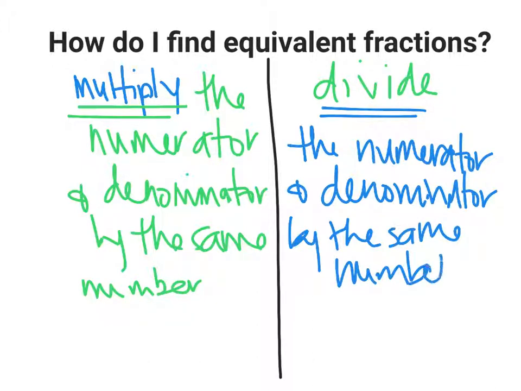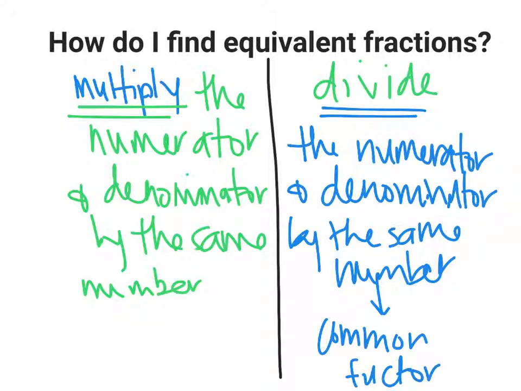You want to look for a common factor, a number that would go into both the numerator and the denominator.